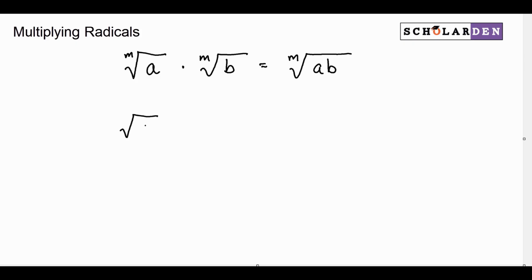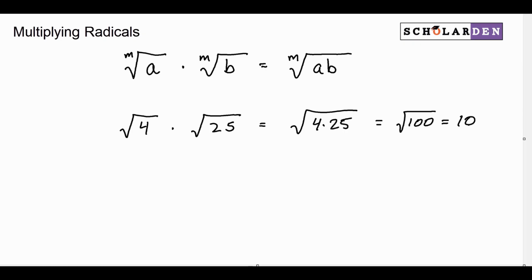Okay, so for example, the square root of 4 times the square root of 25 is the square root of 4 times 25, which is the square root of 100, which is 10. And then you could also see that because the square root of 4 is 2, and the square root of 25 is 5, and 2 times 5 is 10.